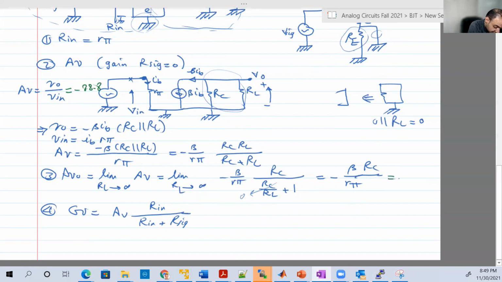AV naught is much bigger, minus 160, and GV is even less than AV, it's minus 59. Always you have GV, always less than AV, less than AV naught. Always. So AV naught is reduced to AV because of the effect of RL, and AV reduced more to GV because the effect of our signal.